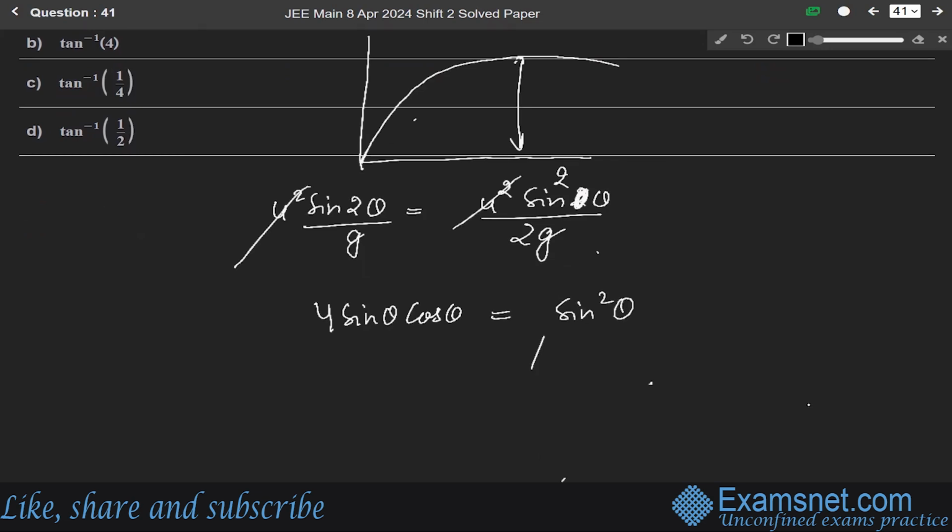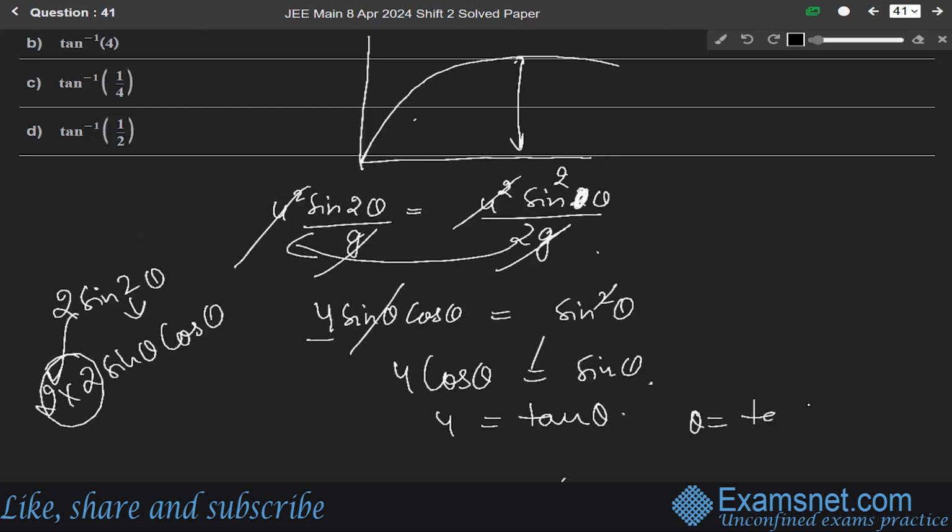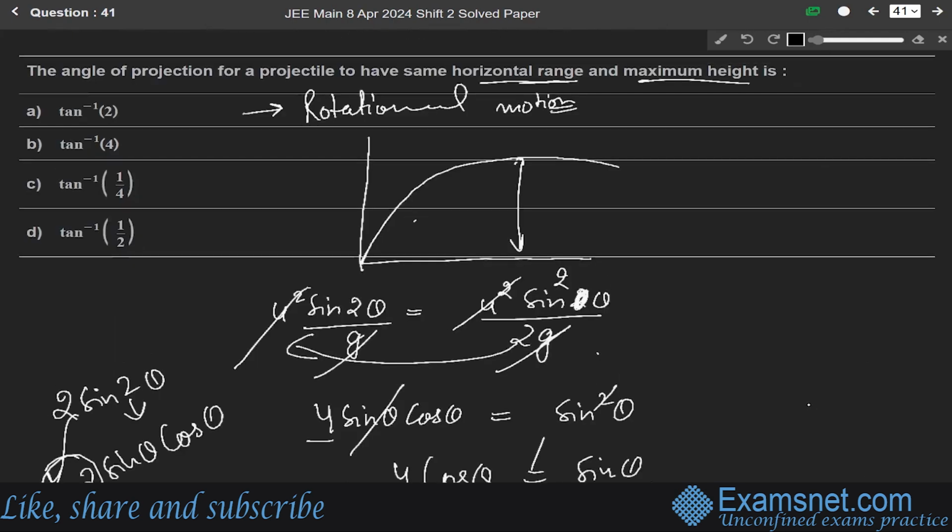Since sine 2 theta is 2 sine theta cos theta, 2 into 2 is 4 sine theta cos theta equals sine square theta. Cancelling, 4 cos theta equals sine theta, so tan theta equals 4, and theta equals tan inverse 4. So the projection angle is tan inverse 4, option B is the answer.